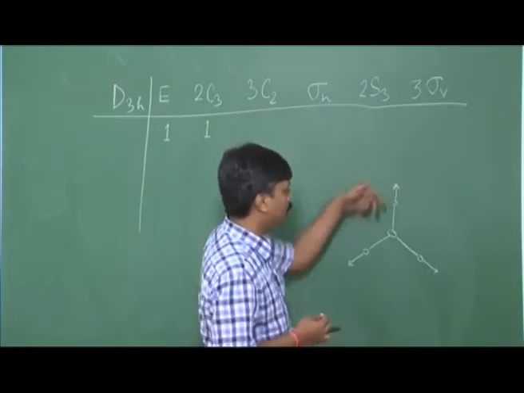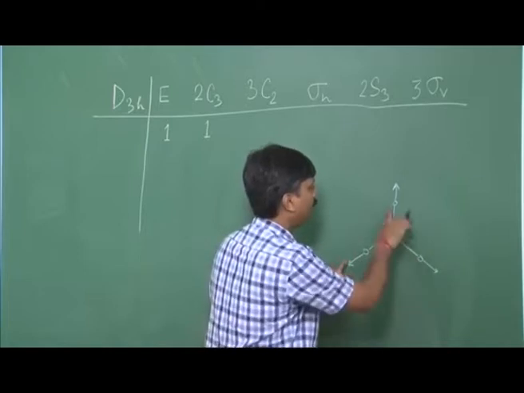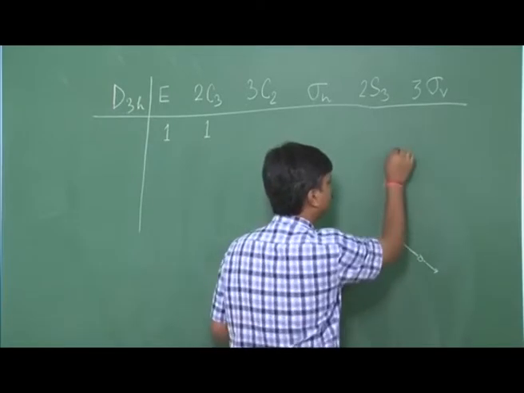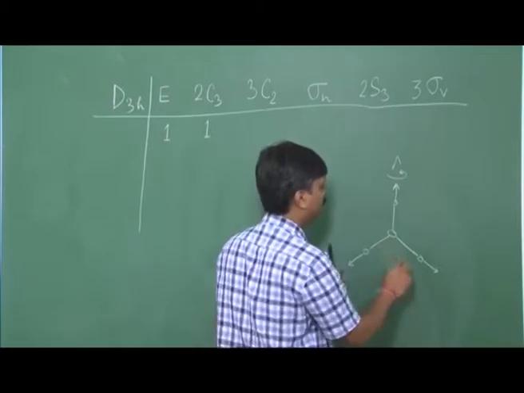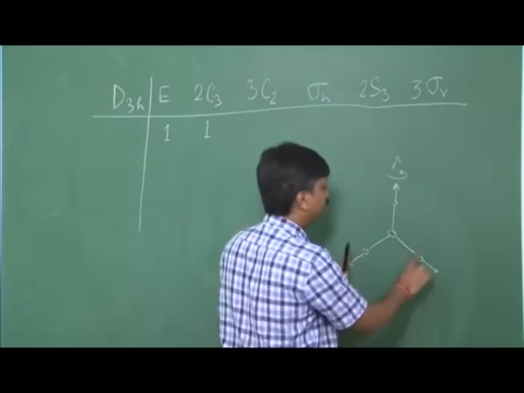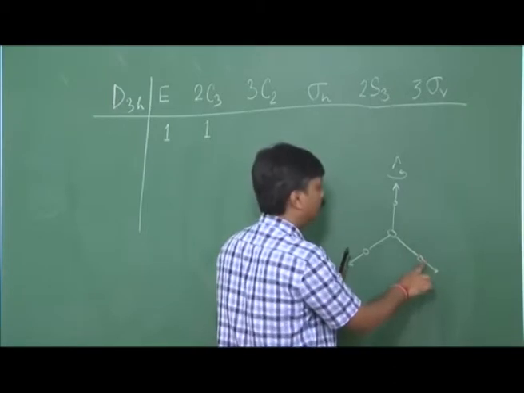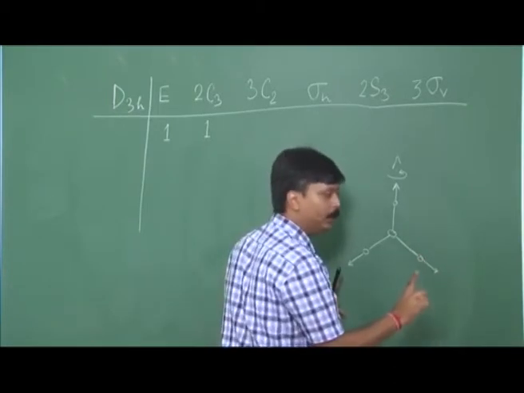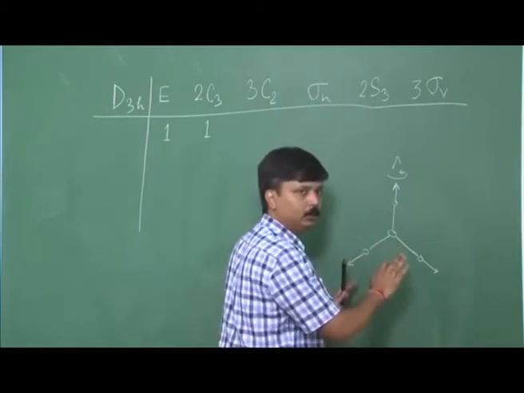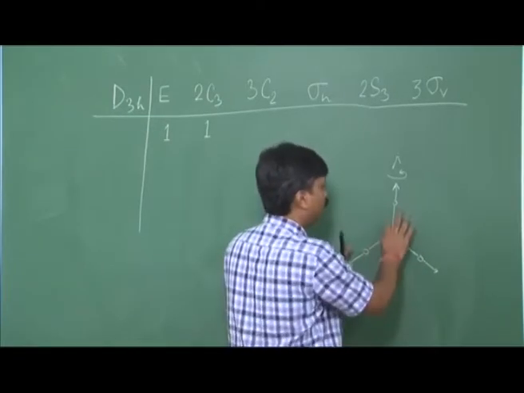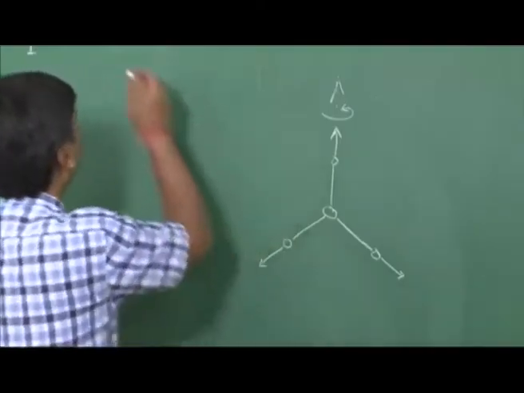I am considering this as my C2 axis. If I do a C2 around this one, this will rotate, and since these are not numbered, I have an indistinguishable structure. So ultimately after applying C2, you will get an indistinguishable structure, so overall it will give me a character 1.